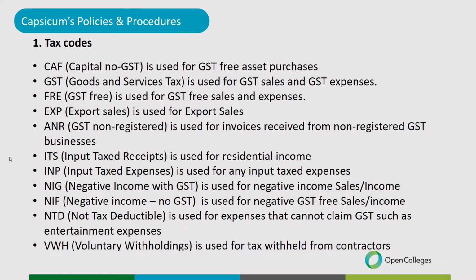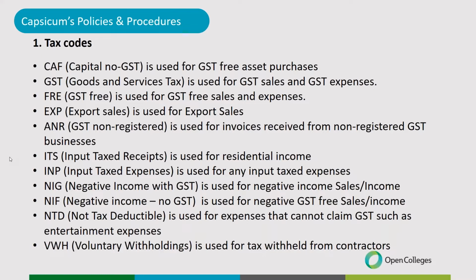For Capsicum, we have only one case of that. GST will be used for GST sales and expenses. FRE, GST-free, will be used for GST-free supplies. EXP: Capsicum also exports sales to other countries, so when they export sales, they will use the EXP tax code.